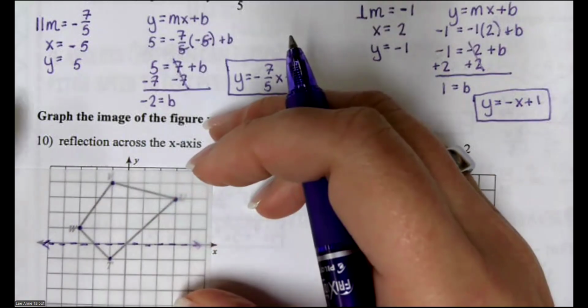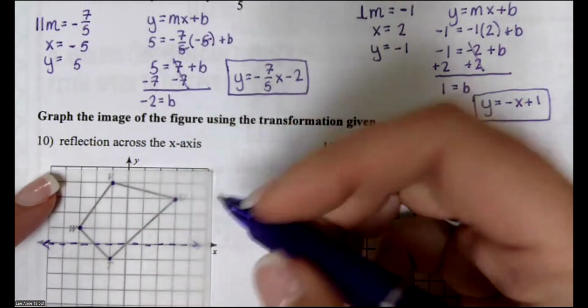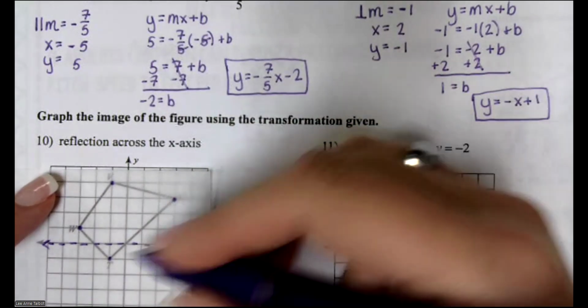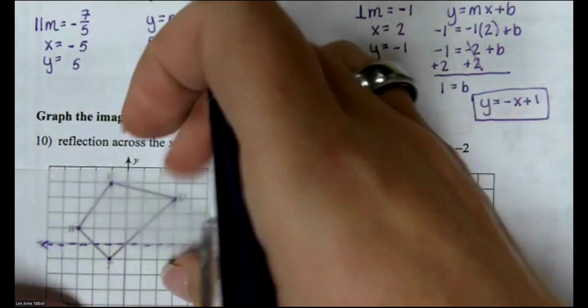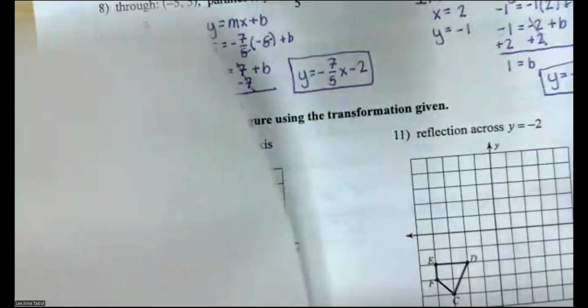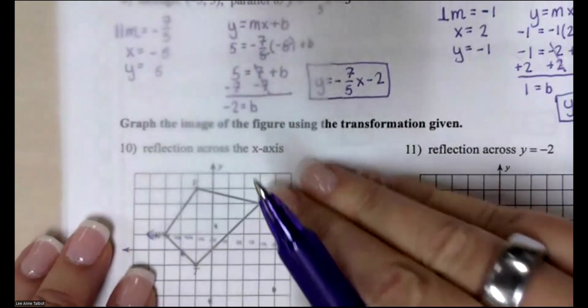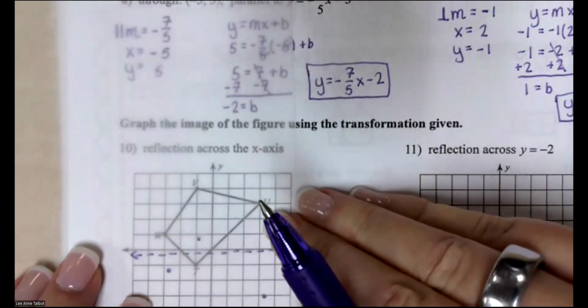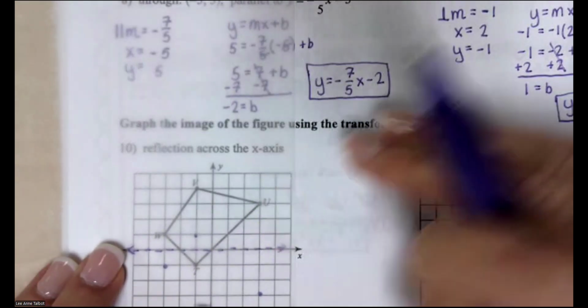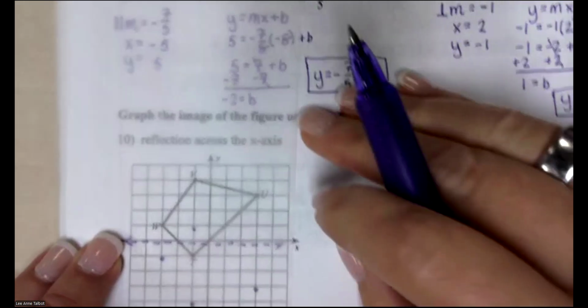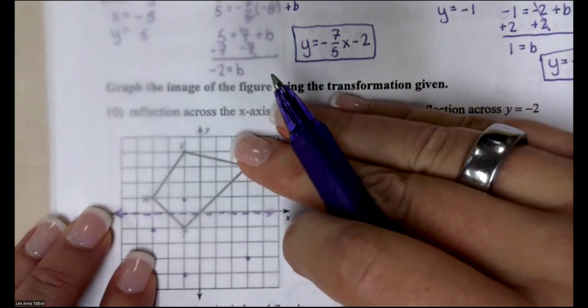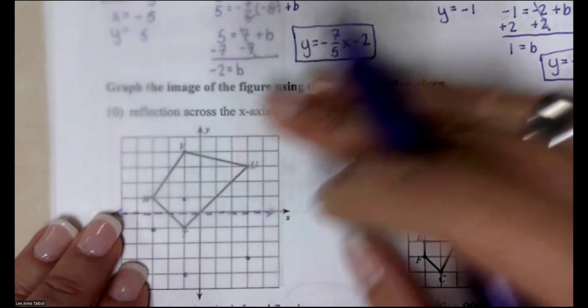Okay, so reflecting across the x-axis, the x is cutting through here, so I'm going to flip it downwards. And then line up the x-axis where it was. And this one's going to have overlap, and that's totally fine.